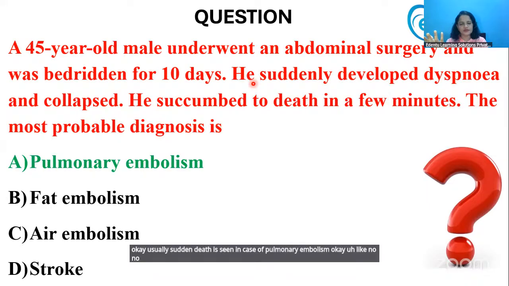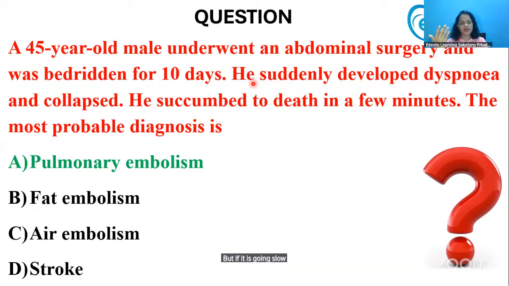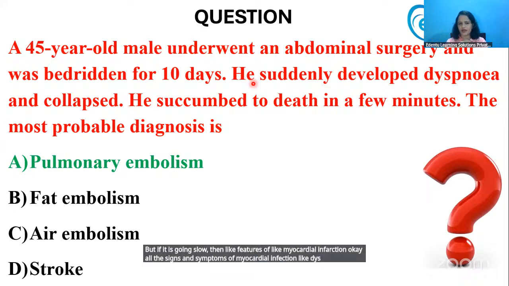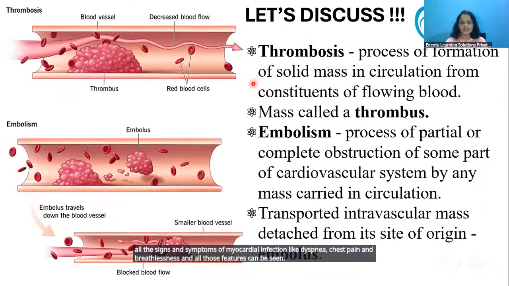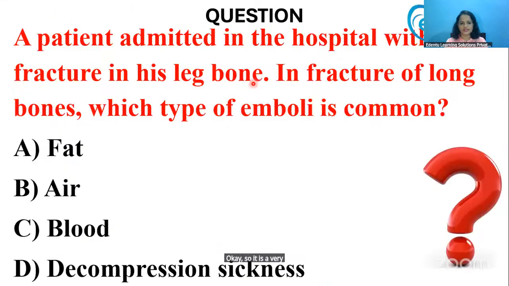No signs or symptoms may be seen, just sudden death. But if it is going slowly, then features like those of myocardial infarction, such as dyspnea, chest pain, and breathlessness, can be seen. So it is a very fatal form of embolism.